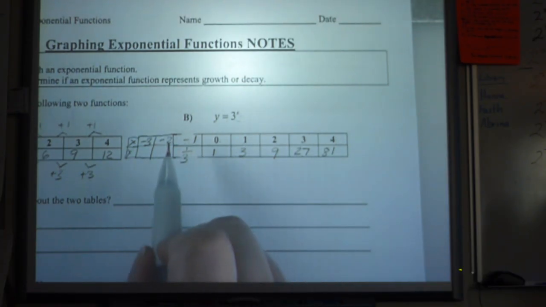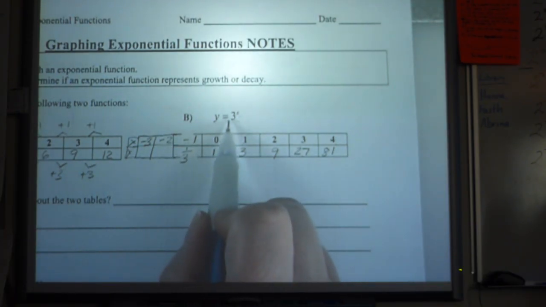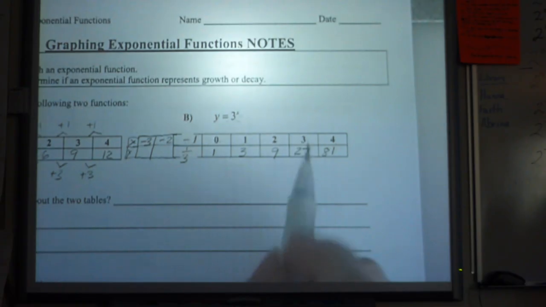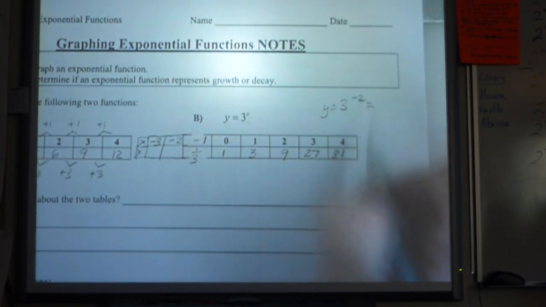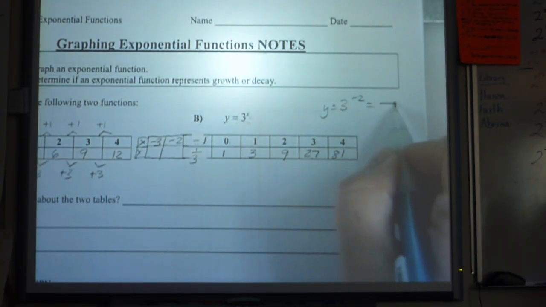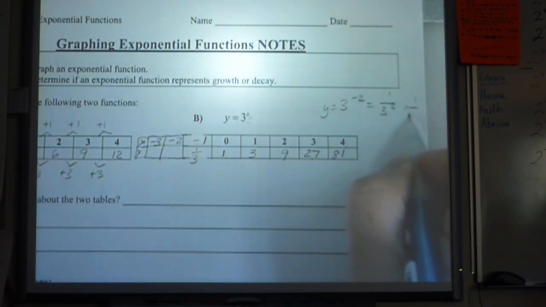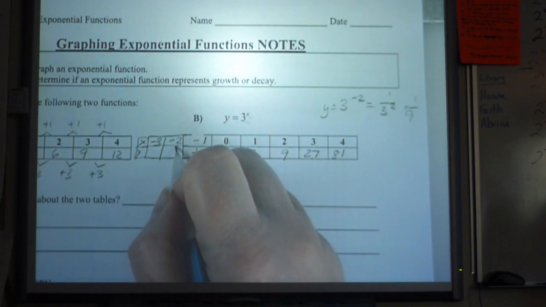Okay. If x is -2, we have y equals 3 to the -2 power. And to make that exponent positive, we need to move it to the denominator. So we will have 1 over 3 to the +2 power, or 1/9.